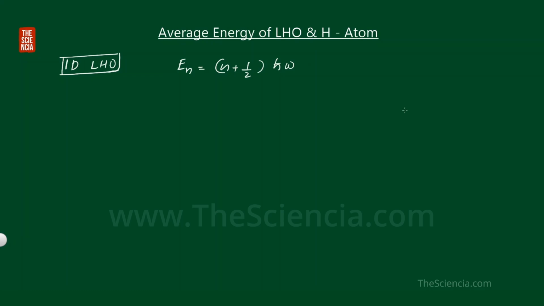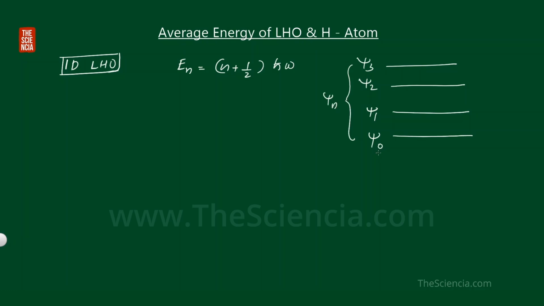A linear harmonic oscillator can have different states: psi 1, psi 2, psi 3, and psi 0 also, which is the ground state. These are the psi n values. For the ground state n is equal to 0, for the first excited state n is equal to 1, and so on. So for the ground state, substituting n equal to 0, E0 is half h cross omega.